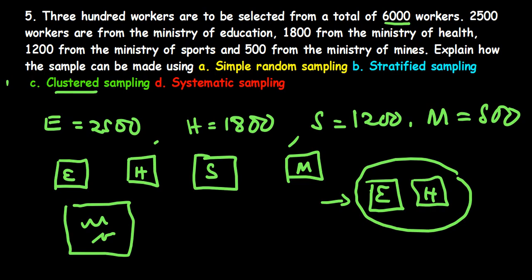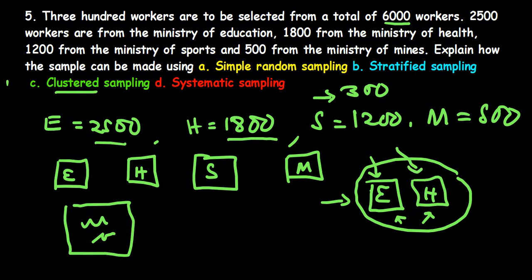Someone might be wondering, because here we want the sample to have 300, but the education ministry has 2500, and even health has 800. If the number of workers in these two ministries exceeds the number that you are looking for, then you just have to use random sampling on these two clusters that you've selected.